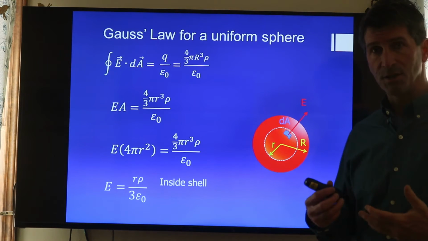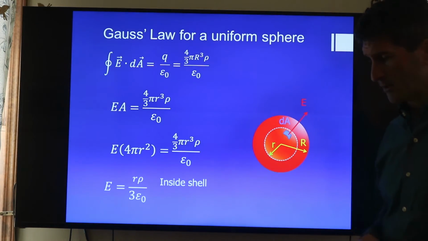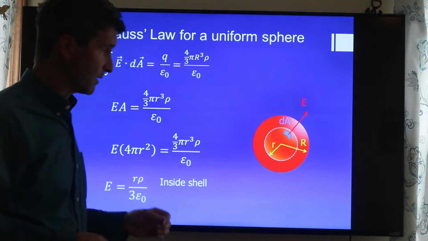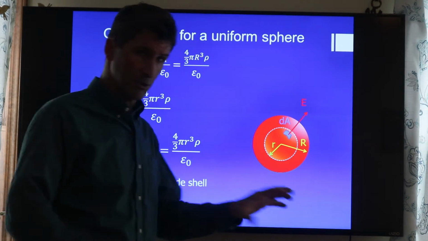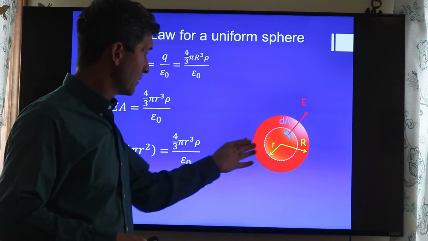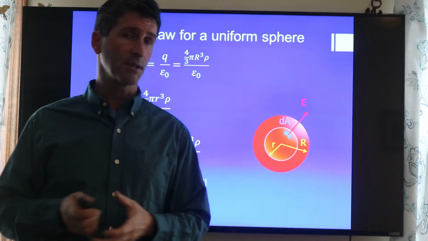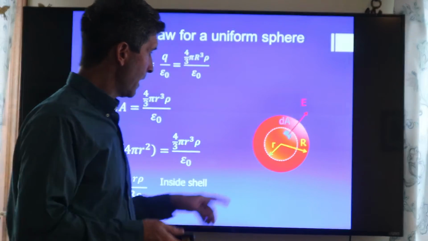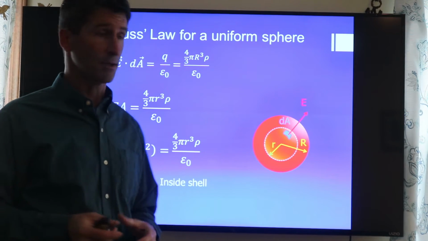Now, inside the shell, when we're looking at a Gaussian surface which is actually inside the charged shell, and this is possible, you can do this. It only recognizes what charge it has surrounded. So the charge outside our Gaussian surface really doesn't contribute at all to the electric field. Okay? Now again, small r is the radius of our Gaussian surface.